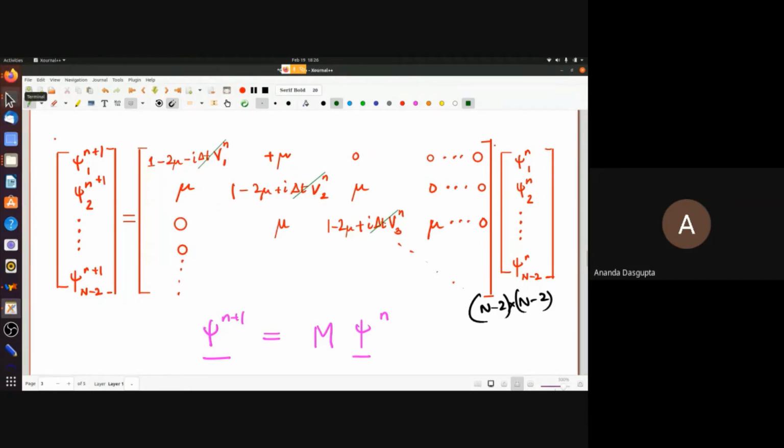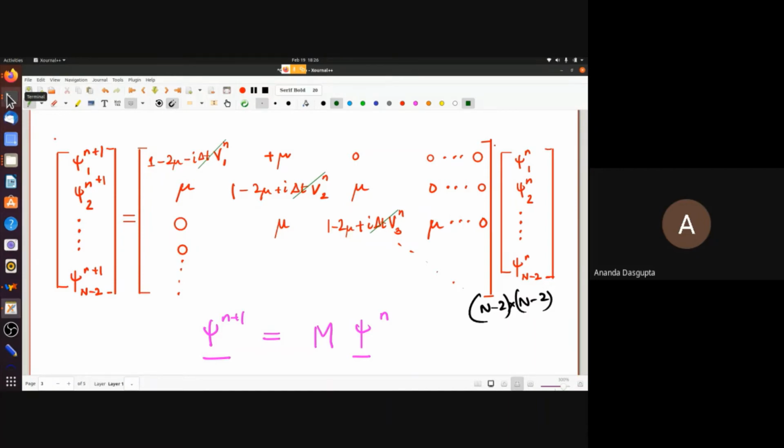So there's a very nice way of creating such arrays. Not really matrices, but two-dimensional arrays look like matrices to us. And we are going to treat them as matrices. So basically what I need is an identity matrix times 1 minus 2 mu plus mu times a shifted identity matrix plus mu times identity matrix shifted the other way.